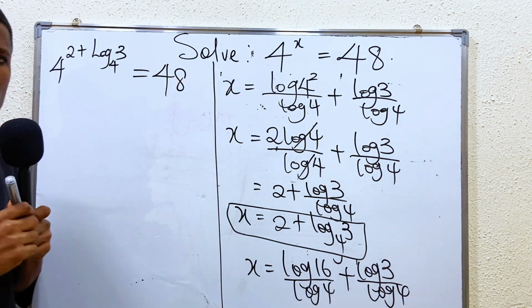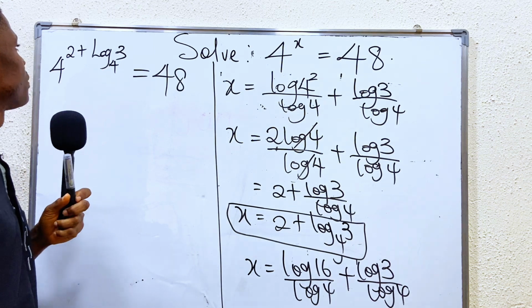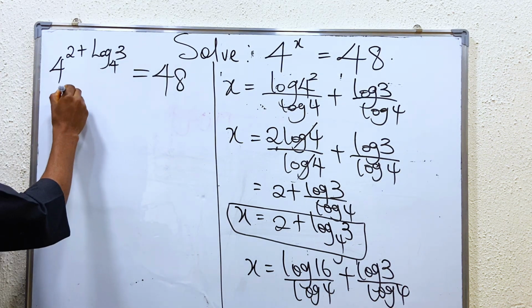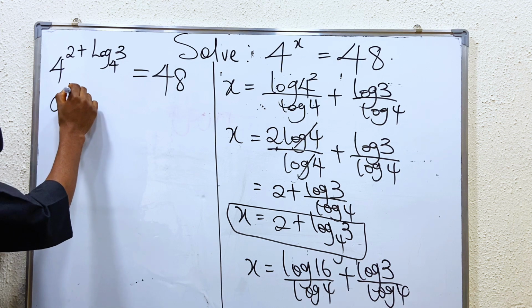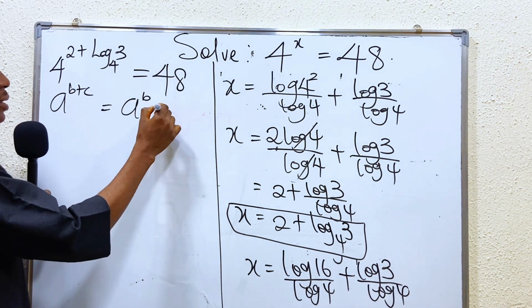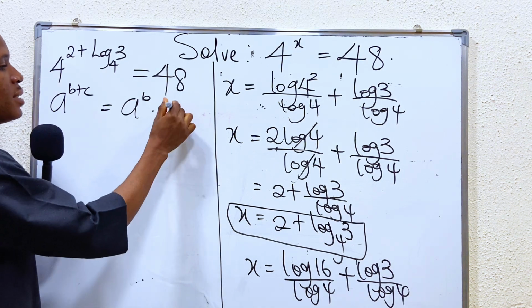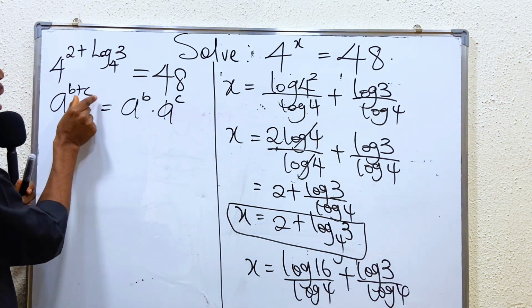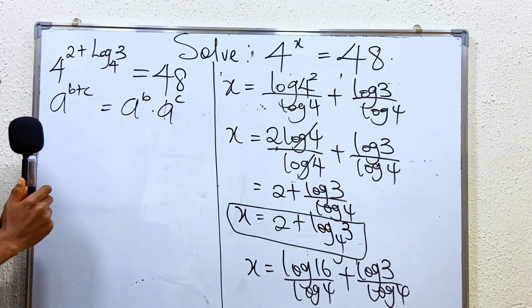Let's check. If you get this now, remember the laws of exponent which says that a raised to power b plus c, we can take it as a to the power of b times a to the power of c. Since we are multiplying in the same base, we can actually add the powers.